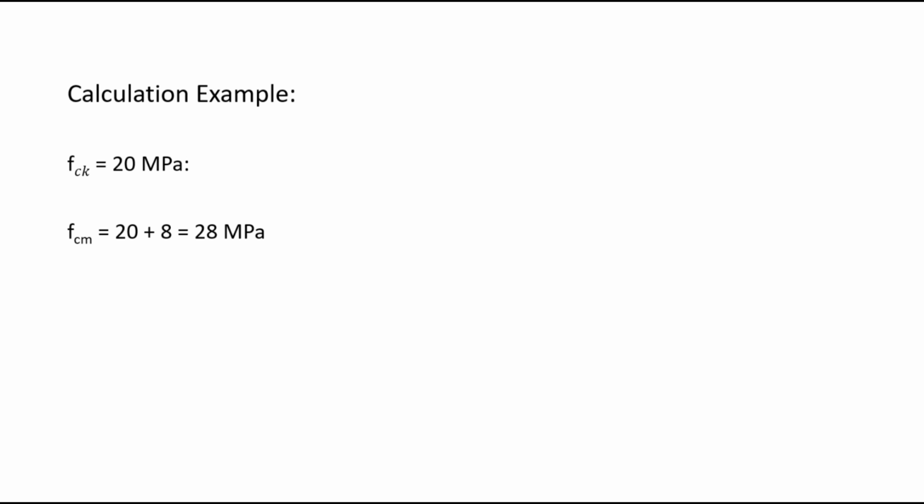In this case, we add 20 plus 8 to get 28 megapascals. Once we get the 28 megapascals, we simply replace it in the formula, and we get a modulus of elasticity of 31.1 gigapascals for a concrete grade of 20 megapascals.